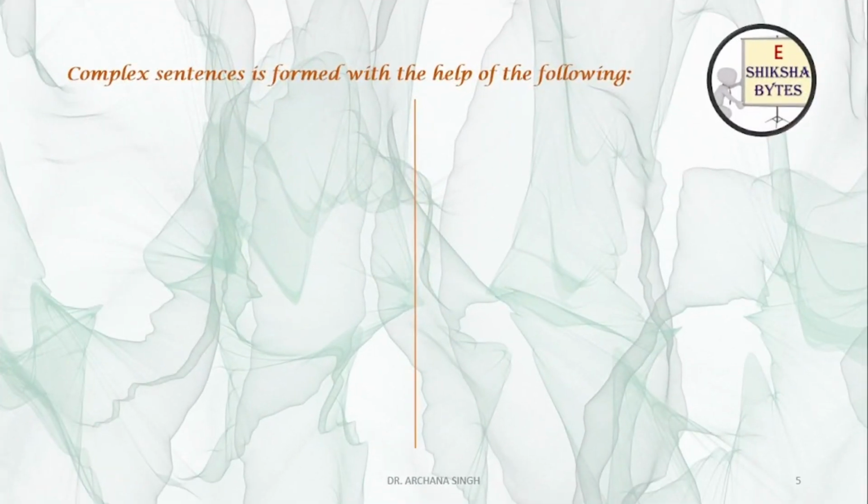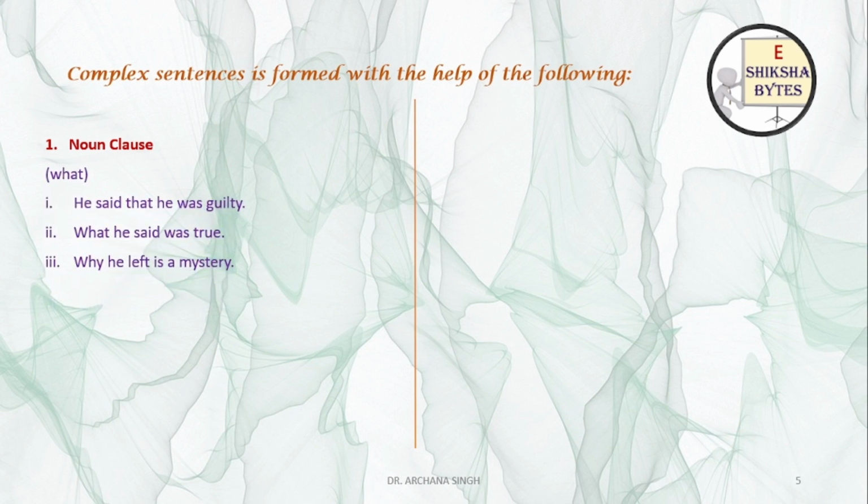Now let's study how to make complex sentences, how to make a sentence dependent. So the first choice is noun clauses. Noun clauses are groups of words that fulfill the quality of a noun, or in a simple way you can understand, if you get the answer of what in a sentence, it becomes your noun clause. Let's study this example. He said: he is your subject, said is your verb, that is the finite verb.